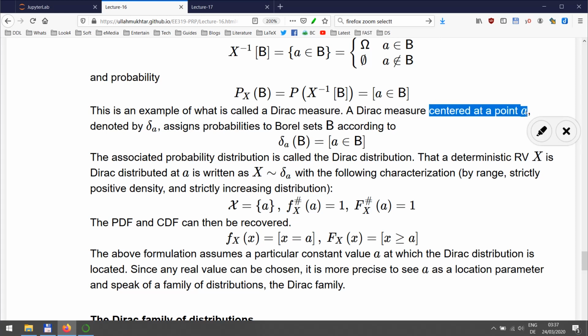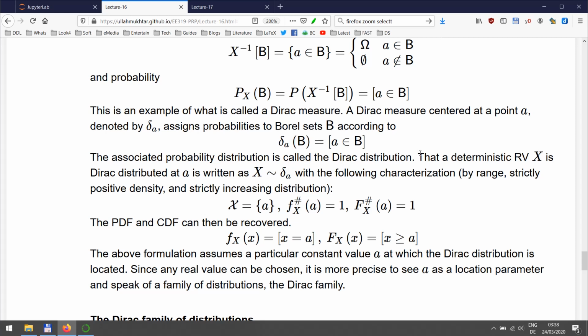We can even have a notation for that, delta with a subscript A. When you see this as a probability measure, if you apply it to B, we simply borrow it from that. The Dirac measure of a set will give me 1 if that set includes the point of definition. Otherwise, I'll get a 0.